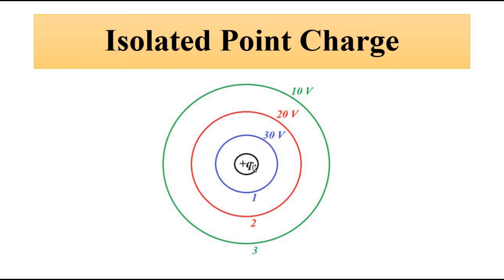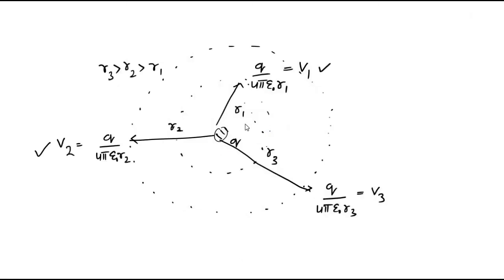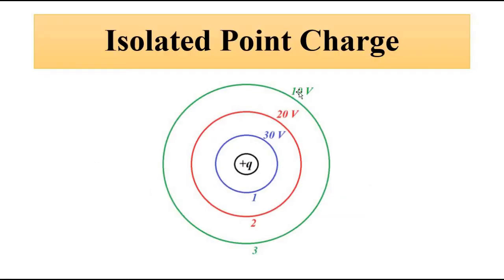Another pattern you will notice is that as the radius increases, the electric potential value decreases. It means V1 will be of maximum value, V2 slightly less than that, V3 the minimum. As the distance increases, the potential value decreases.